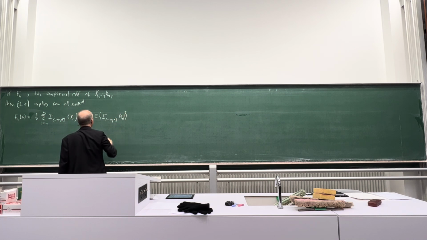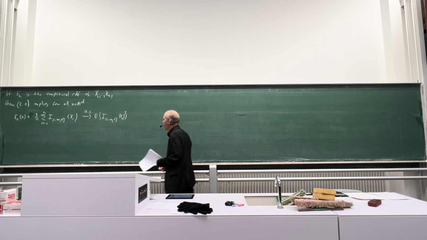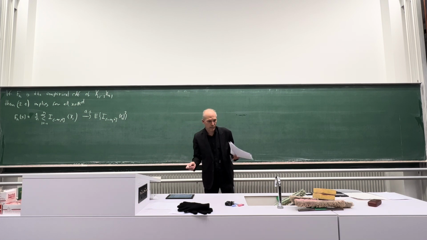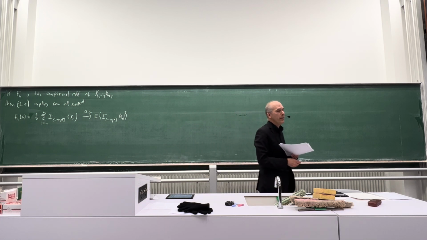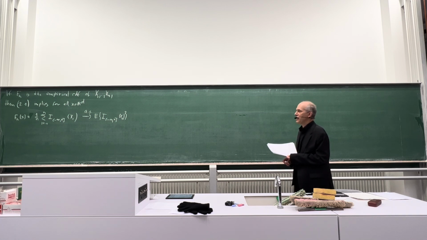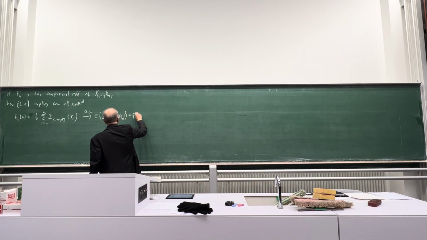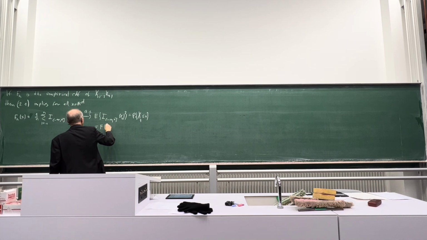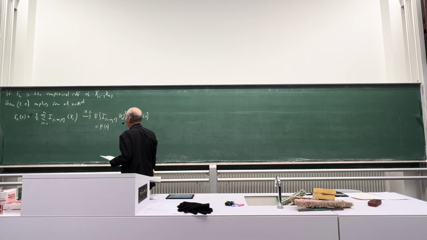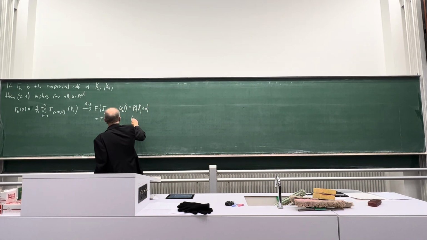This indicator function is 1 if capital X1 is less than or equal to small x. So that's the probability that X1 is less than or equal to small x, and that's equal to F of x. And that's relation 2.2.